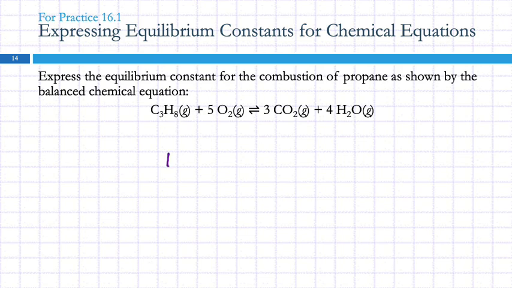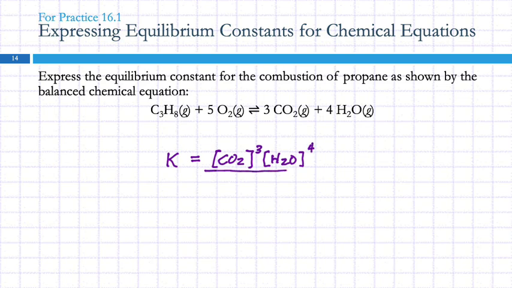Okay, so K equals, what goes on the numerator there? CO2 in brackets representing molarity. And what's the exponent? 3. And then that is times the H2O concentration in brackets, and the exponent is 4.